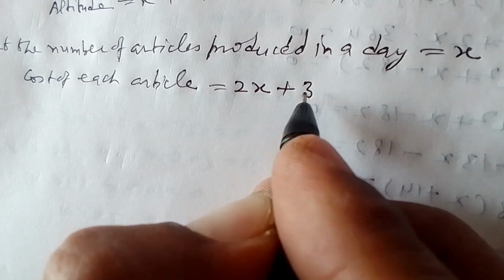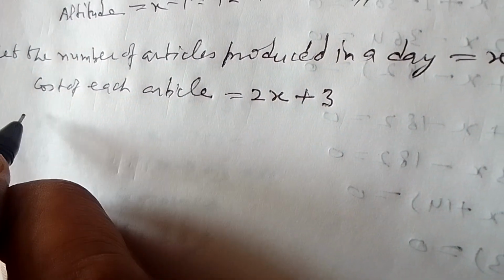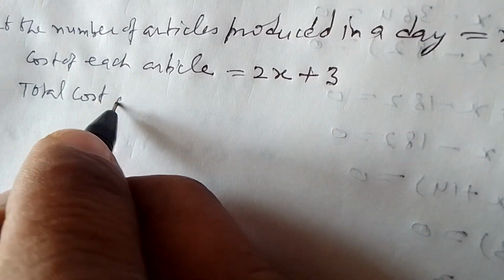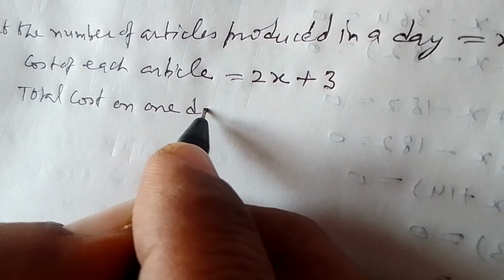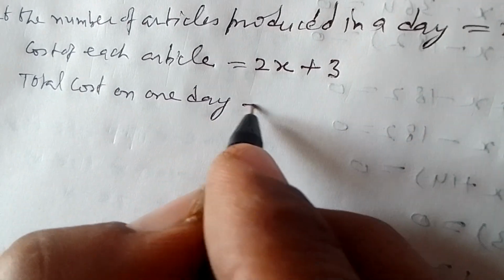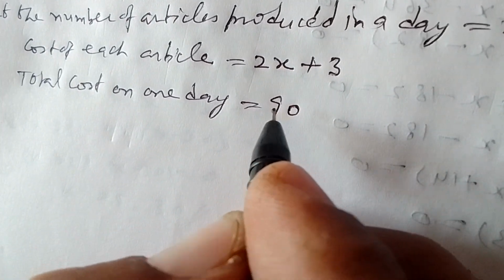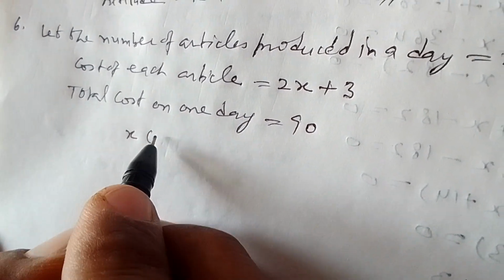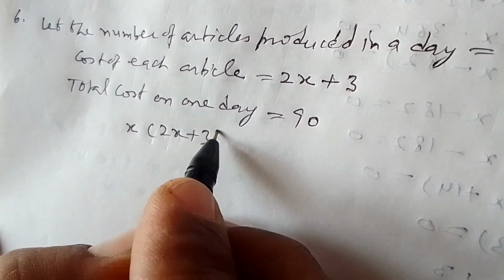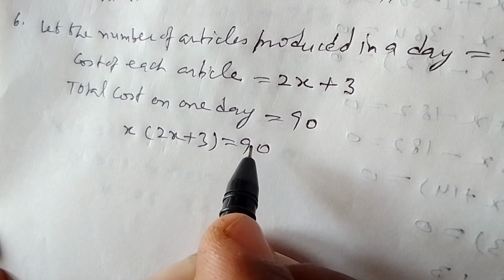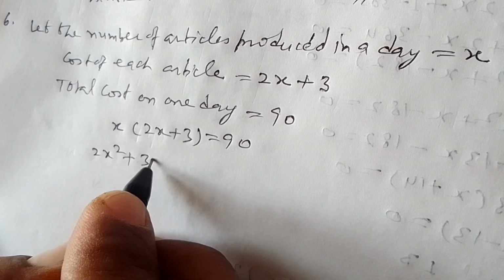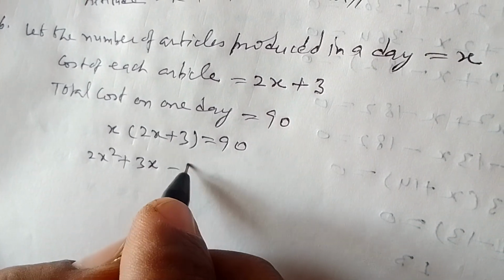This is according to the question. So the total cost on one day, which is given in the question, is 90 rupees. So equating these to 90, the equation becomes 2x square plus 3x minus 90 is equal to 0.